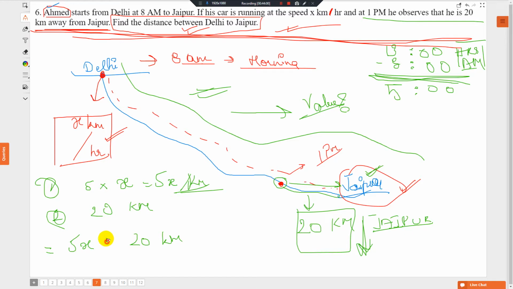So what will be the symbol here? Is it multiplied? No. Total means add. So we get 5x plus 20 kilometers, which is the total distance.